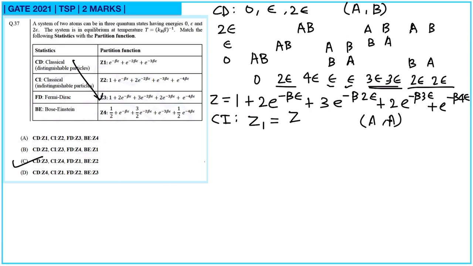So just we have to remove this, that means AB and BA will be the same thing. So divide by n factorial. Here we have n is equal to 2, so divide by 2 factorial. So that means this Z will be dividing this entire equation by 2. So this Z1 will be simply division of this by 2.